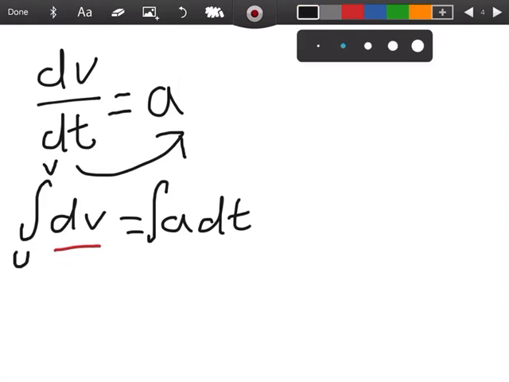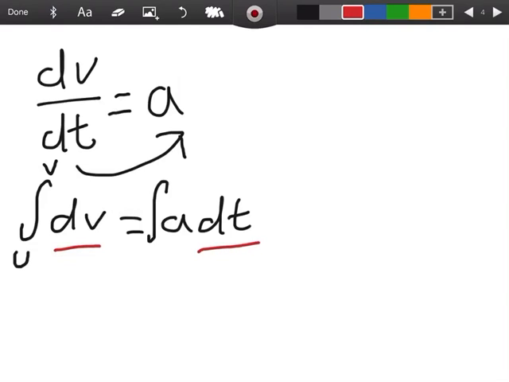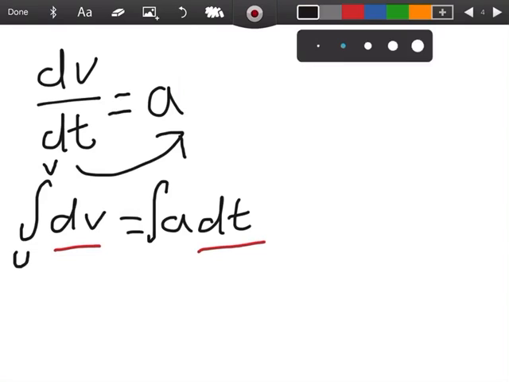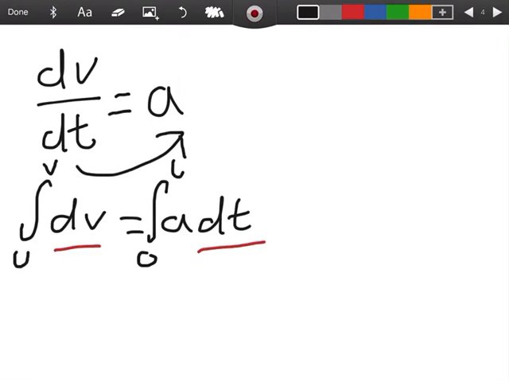And we're going to set limits on the right hand side. So now that it's in terms of time, we have to set limits in terms of time. So we're going to start from 0, which is just t equals 0, all the way up until t. Right? With me so far? It's not bad.